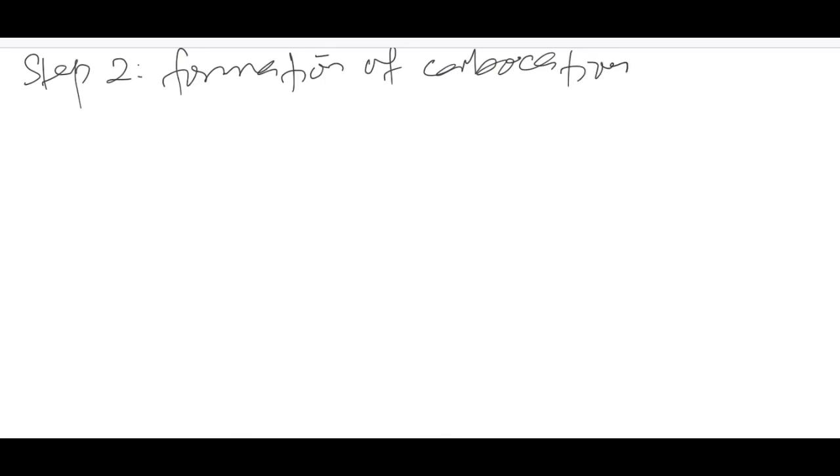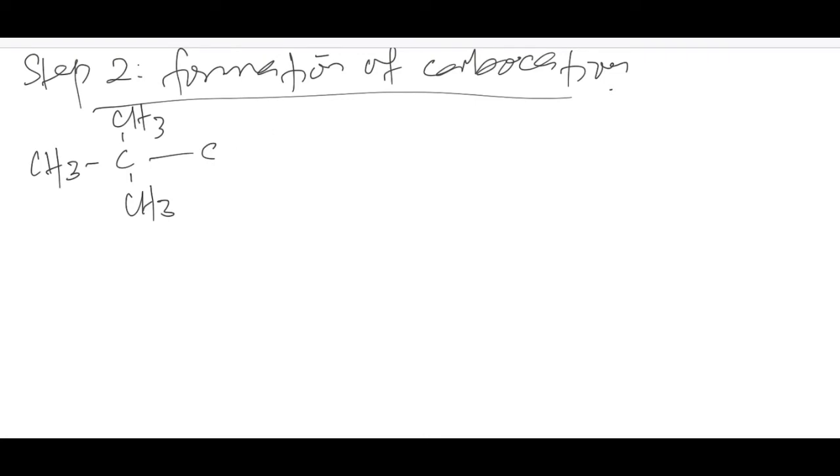Step 2 is formation of carbocation. So we get CH3, C, CH3, CH3, C, CH3, H, O, H, double dot, H plus, sama macam tadi ya.